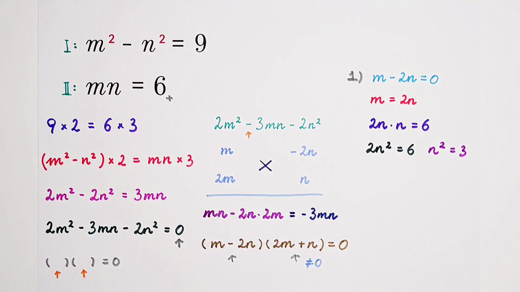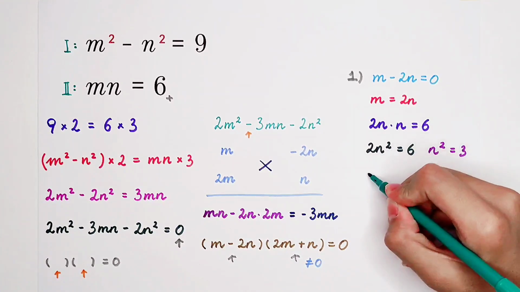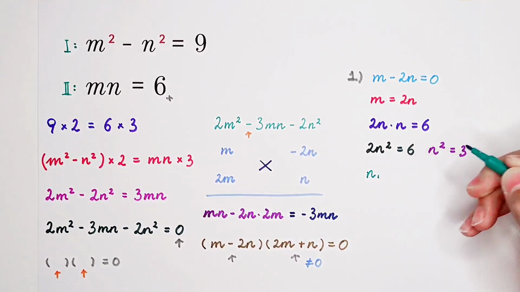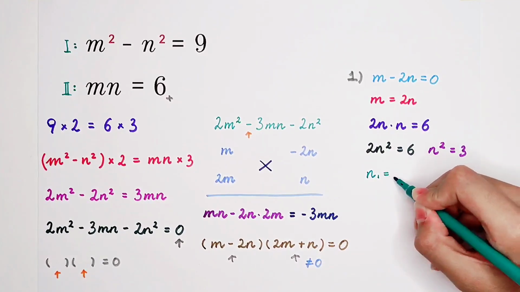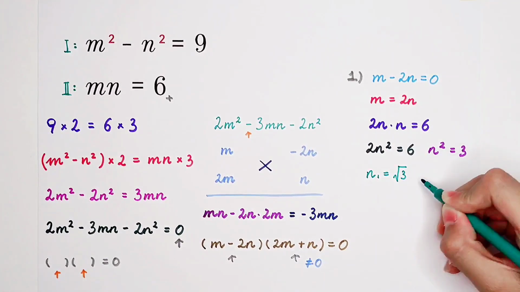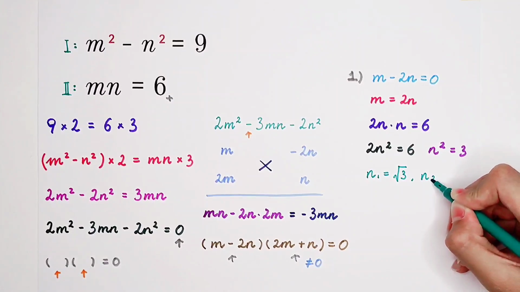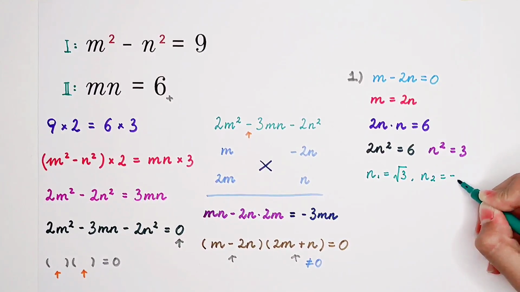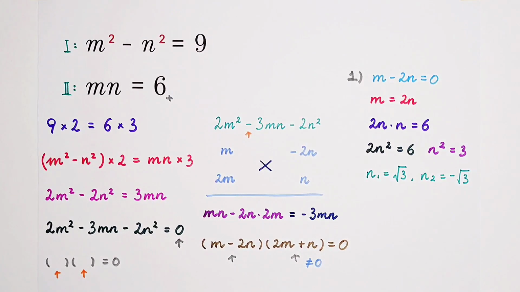Now, n squared is 3. We can solve for n. n has two possibilities. In 1, it is square root of 3. And 2, it is negative square root of 3.